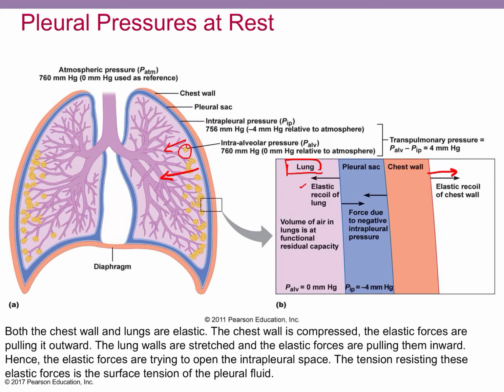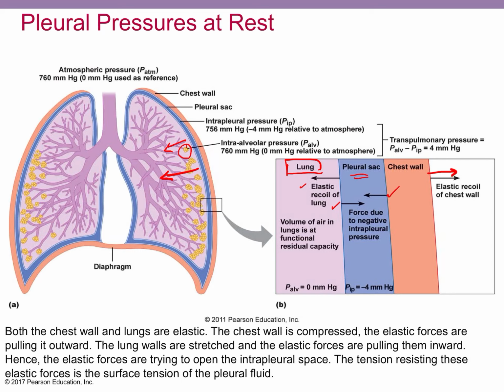It has this outward pull, so it's pulling against the lungs. And so what's happening is this intermediate area, this intrapleural space, gets pulled in both directions, right? So it's going to work against the lung, and it's also going to work against the chest wall.